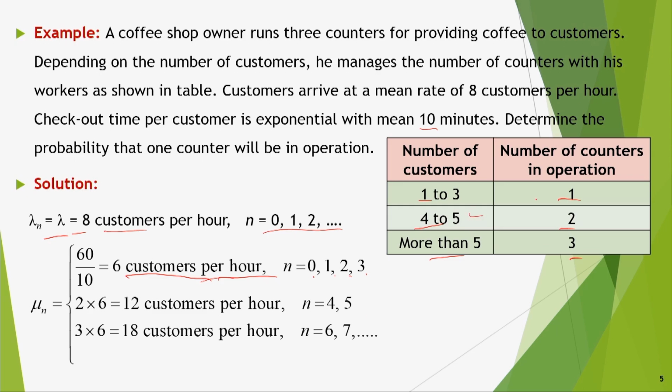So 2 counters will be open, and 2 into 6 means 12 customers per hour. And then for more than 5, that means 6, 7 or any number, 3 into 6, that means 18 customers per hour. So you have got mu 1, mu 2, basically mu n, different quantities.